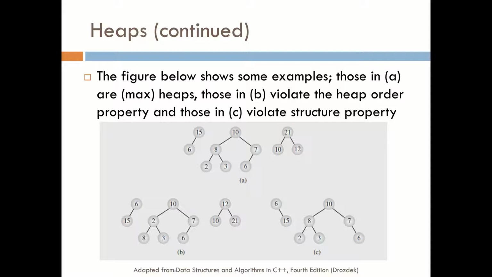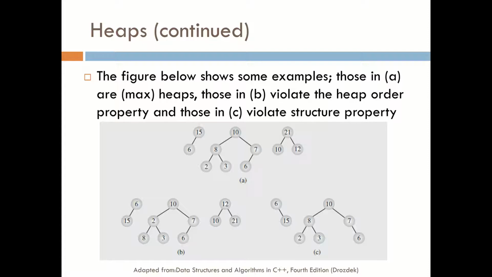So that violates the heap order property. Finally, the last one, we have the same issue. We're violating the heap order property because 21 is greater than 12 and thus should be 12's parent. And so as shown, that particular heap violates the heap order property.